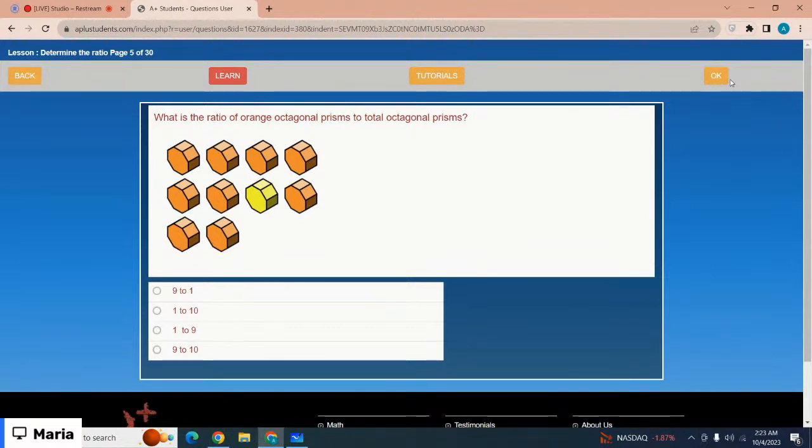Orange is 1, 2, 3, 4, 5, 6, 7, 8, 9 of them are orange. And the total is 10. So it would be 9 to 10, right? The correct option is 9 to 10.